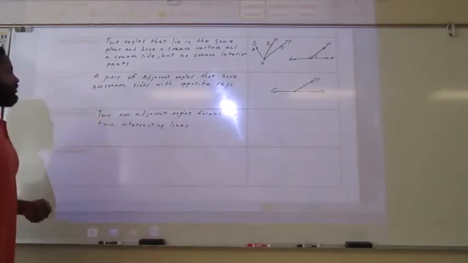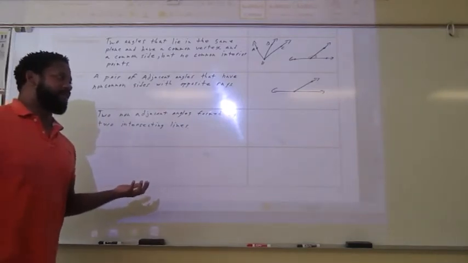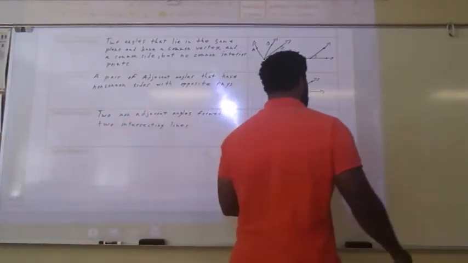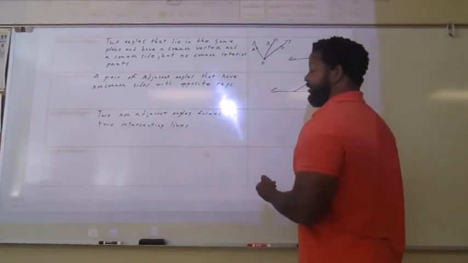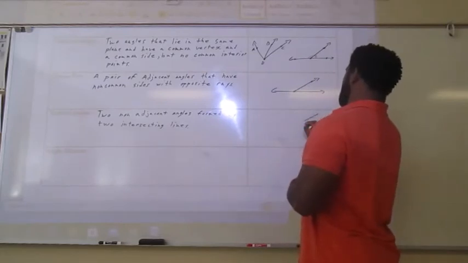Okay? Two non-adjacent angles formed by two intersecting lines. What does this mean? A cross. Okay? Pretty much it's just a cross, yeah. And you will see vertical angles all the time, all right? Vertical angles.